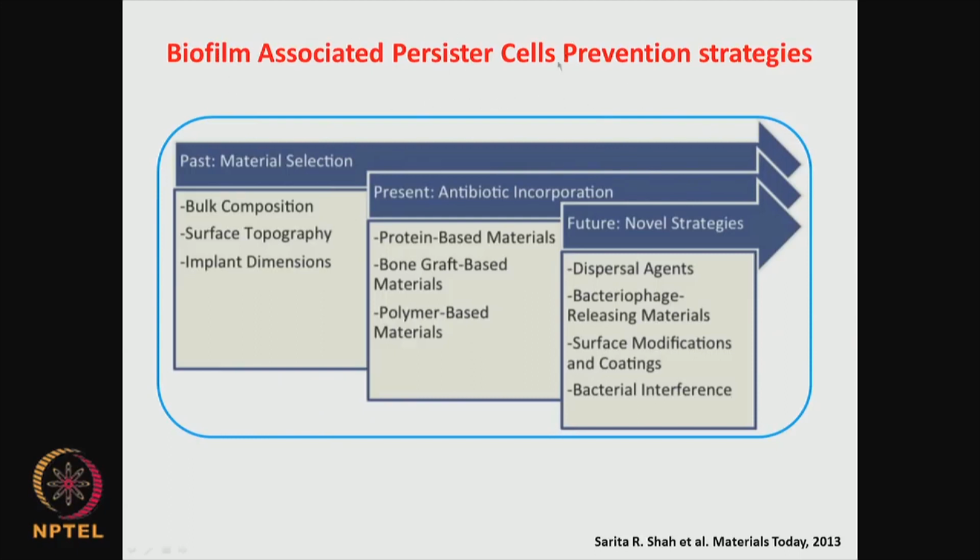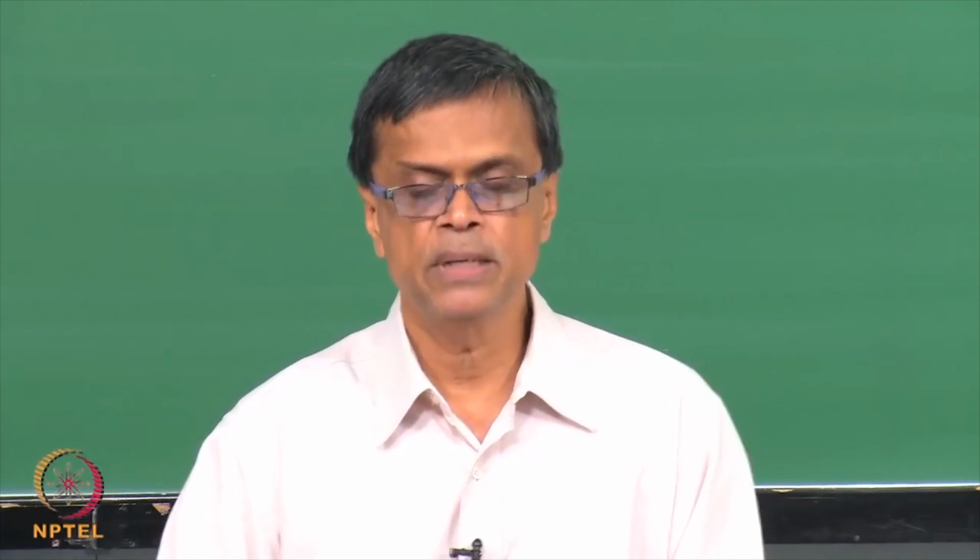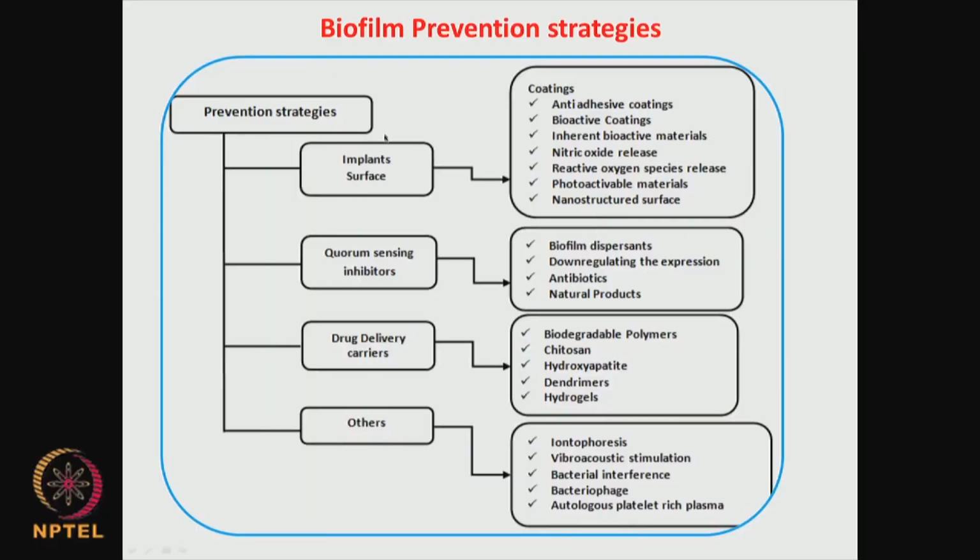Okay. But this problem of persister cells, antibiotic resistant cells in biofilm, is a very serious problem, and there is no single strategy to eradicate all of them, and no single strategy which can be used for different types of biomaterials in different environments. Okay. So, for biofilm preventing strategies, one can think about changing the surface of the implant, such as coating with anti-adhesive coatings.